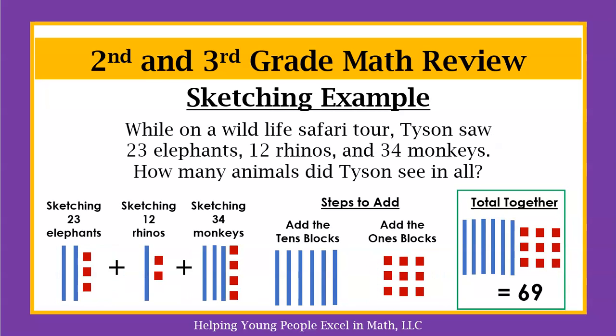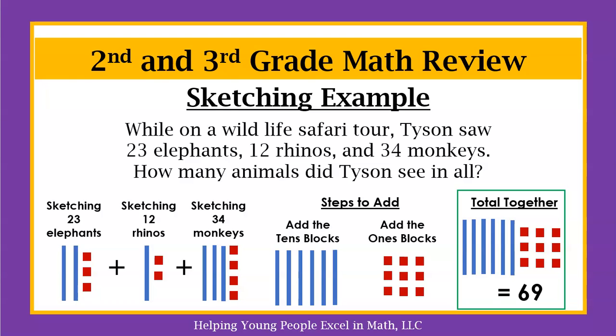For our word problem, it says, while on a wildlife safari tour, Tyson saw 23 elephants, 12 rhinos, and 34 monkeys. How many animals did Tyson see in all? We know that we need to add all of our animals together in order to see how many animals Tyson saw in all.